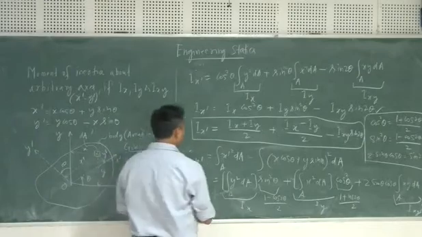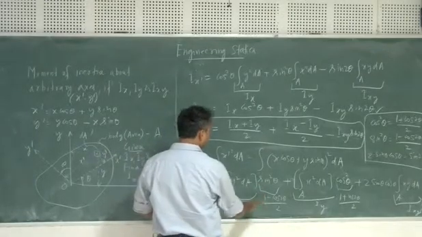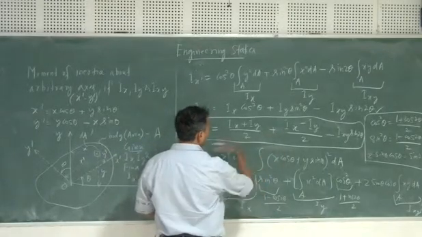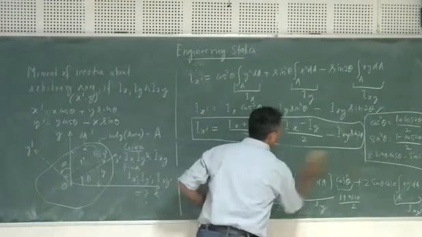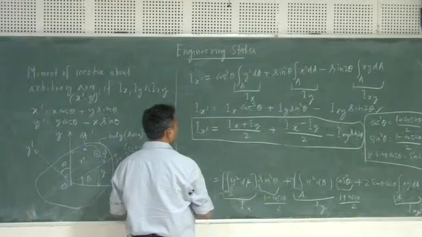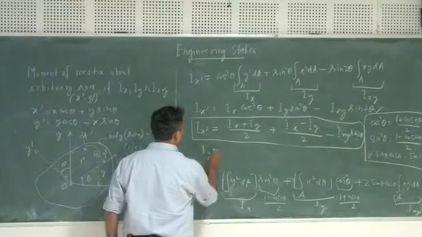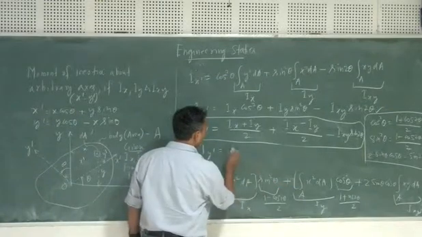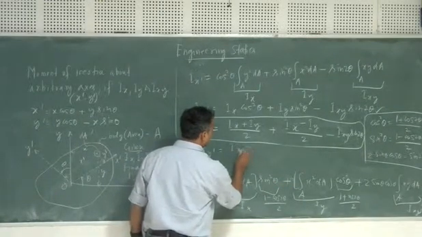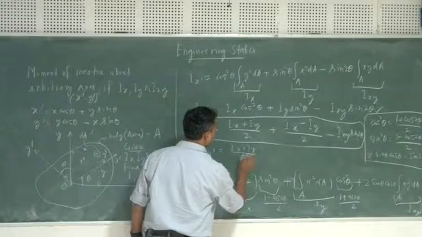Having here you will have minus of Ix. So if you take common, what will happen? Iy dash will become, so here first of all your Ix plus Iy is equal.